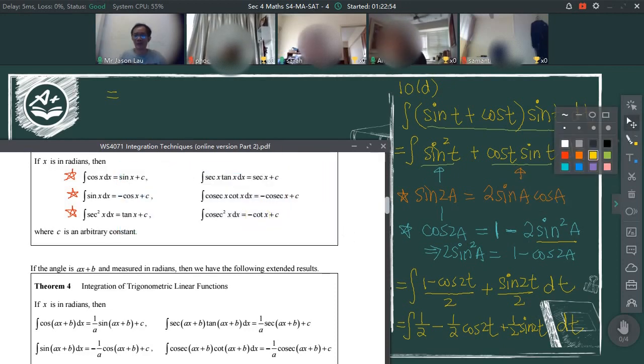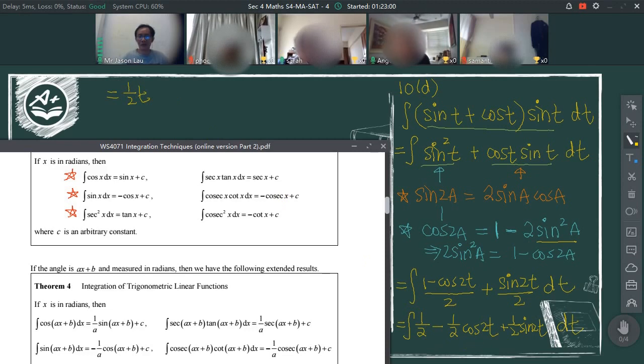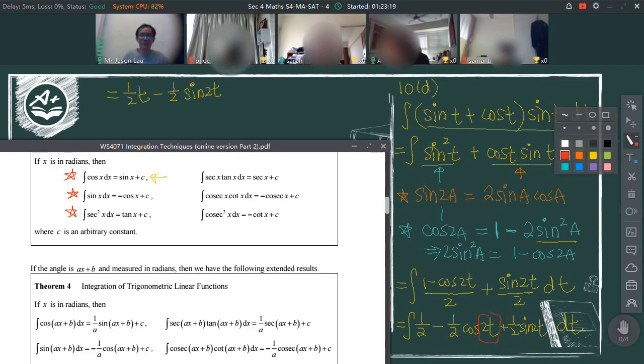Use the formula. Half will be just half t. Then the second one, cosine is coming from here. Integrate cosine, you get sine. Leave the half alone, you get sine. Then don't forget the angle is not the simple angle, so you need to do the chain rule.